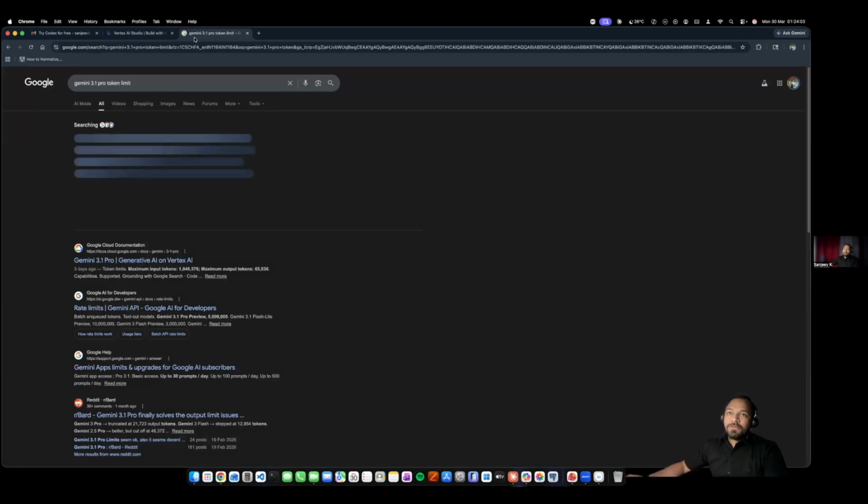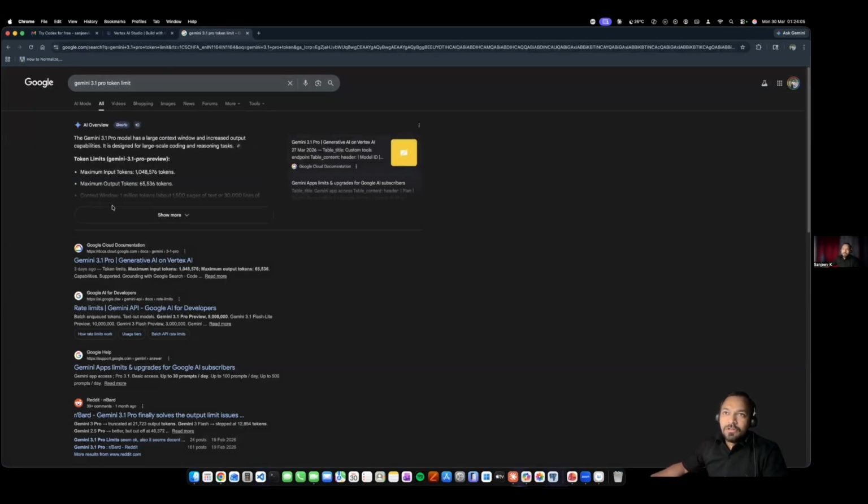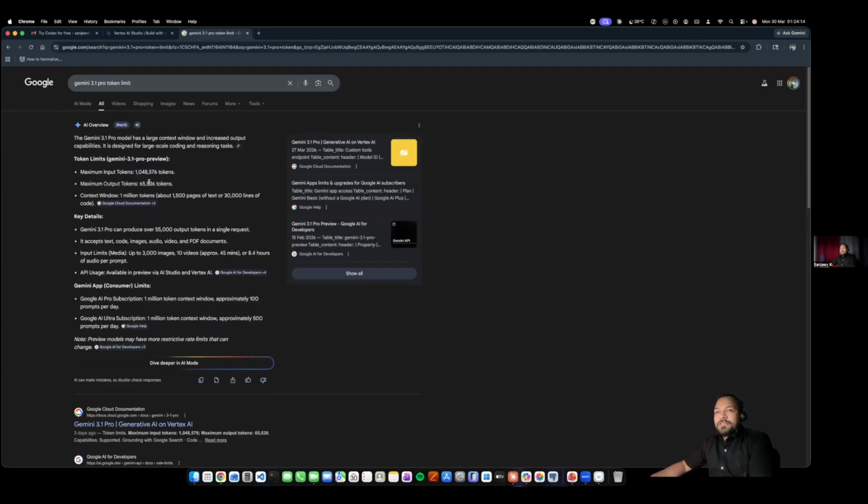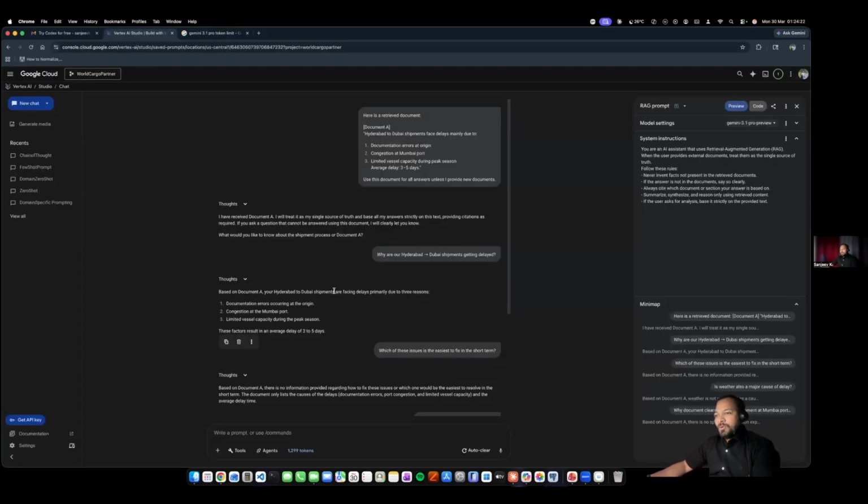Okay, what's the token limit for this? So let's see. Yeah, it has this many tokens. Output tokens is max 65,000. So you make sure that you have enough bandwidth left with the context prompt. You should still be left with 65,000. In this case, we have already utilized 1,300 tokens odd with these instructions that we have passed.